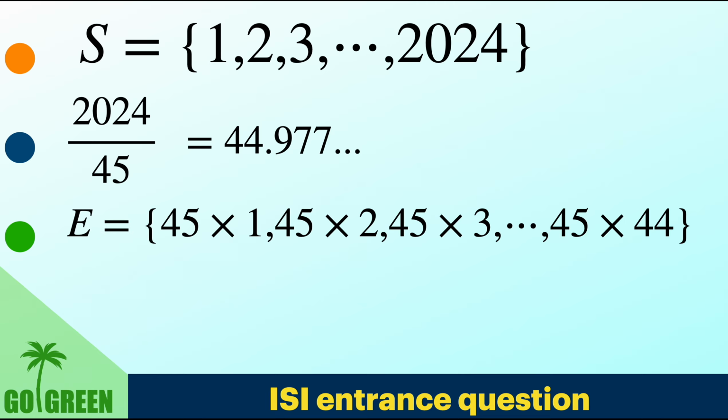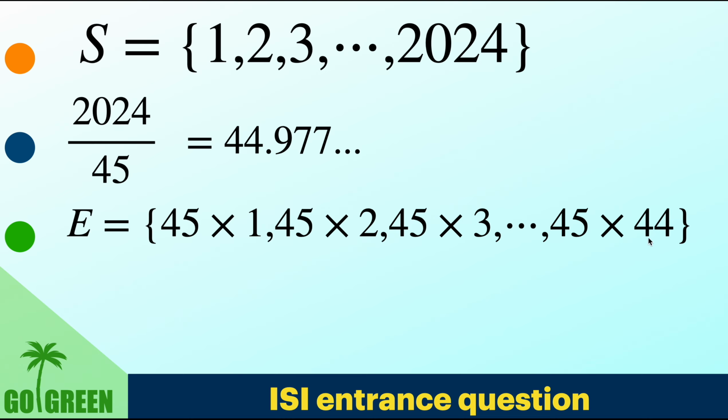And therefore, inside E, all these multiples till 44 will be there, right? Because this quotient is 44 point something. So 45 into 1, of course, there, 45 into 2, and up till 45 times 44 will be there, because that number 45 times 44 will be less than 2024, right?